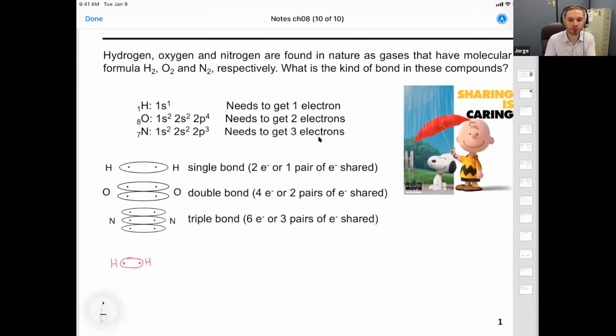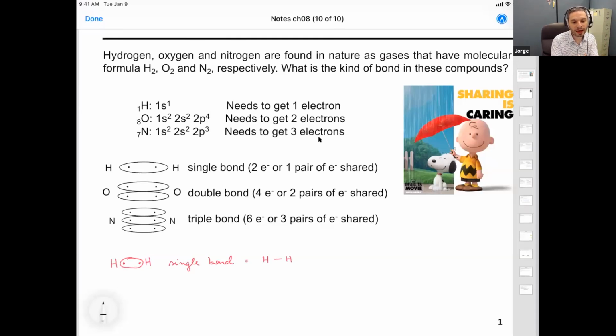If we have two electrons or one pair being shared, that is called single bond, and we can represent that by a trace. Okay, so the representation on the left and on the right, they mean the same thing.